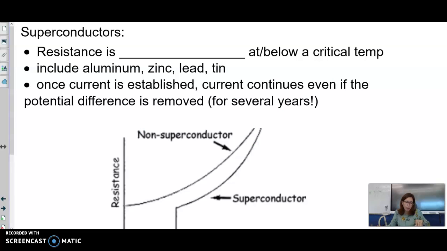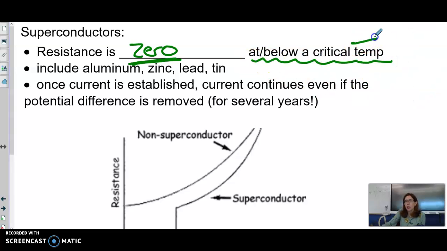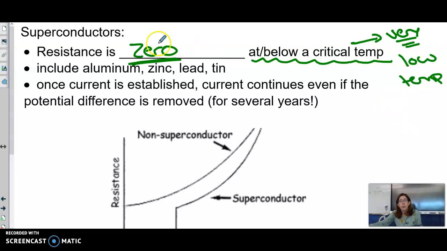Finally, you've probably heard of superconductors before. A superconductor is something where the resistance actually goes to 0. There is actually no resistance whatsoever, but only at or below a certain temperature, and this is a very low temperature. This includes really common materials like aluminum, zinc, lead, tin. I think we think of superconductors as some kind of crazy made-up material, but these common materials are actually superconductors.